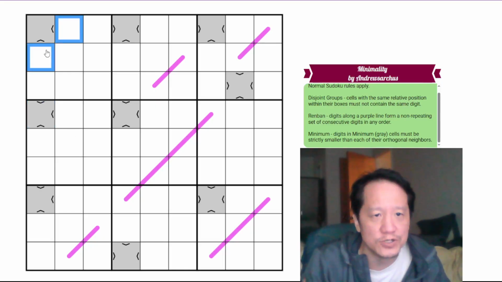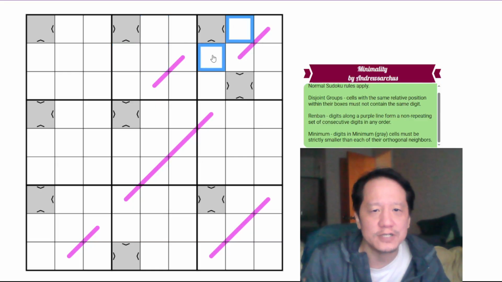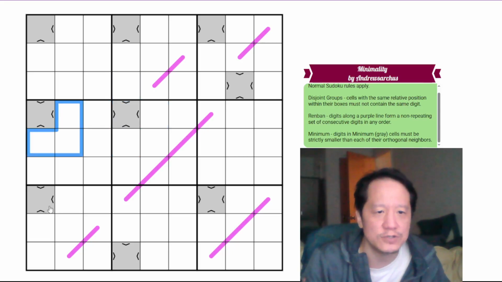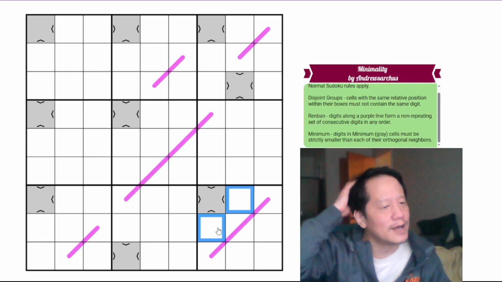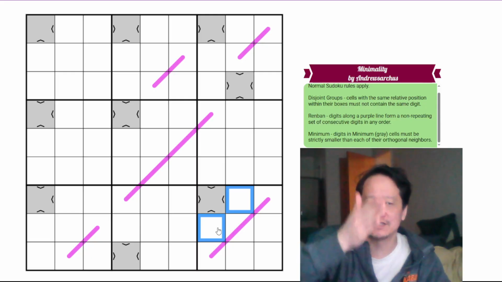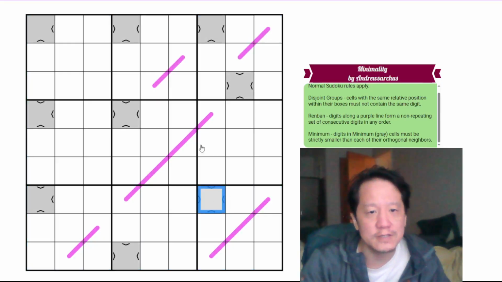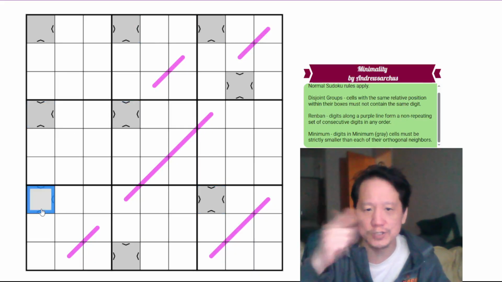This is less than 2 unique digits, this is less than 2 unique digits, and so on. That means to be that way, you have to be 7 or less, right? 8 is only less than 1 digit, 9 is less than 0 digits. So that means these upper left-hand corner minimals must be 1 through 7.